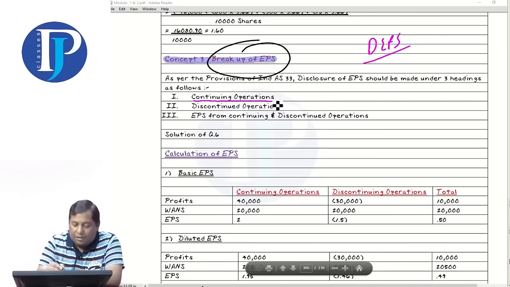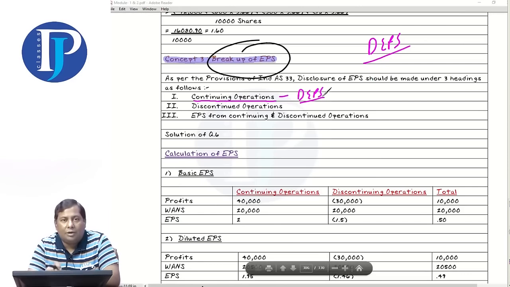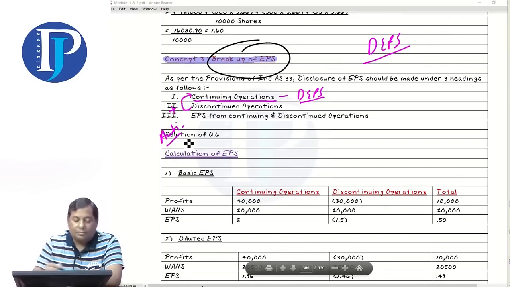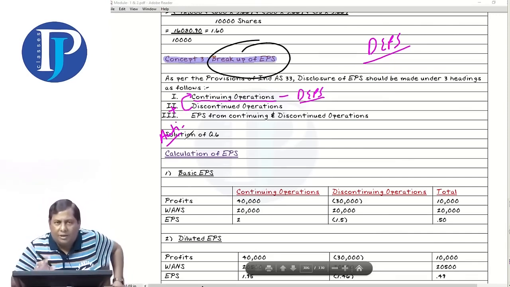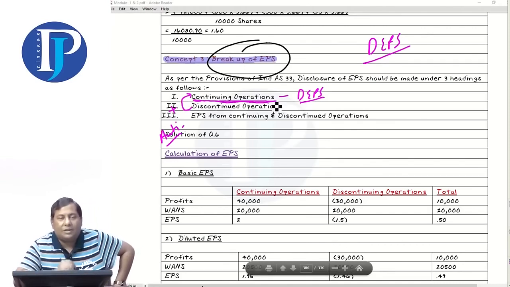Now assume these are continuing operations. And here it's diluted EPS. Yes, what is this diluted EPS, right? But when you added the discontinued operations in this, this is anti-dilutive. Because impact of discontinued is anti-dilutive, Ind AS 33 said that first you should check what are the results of continuing.